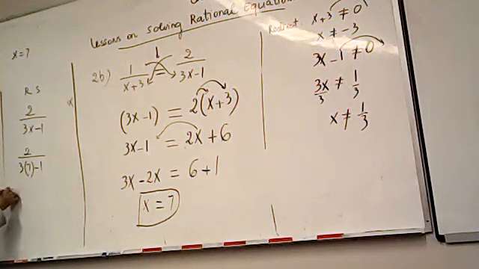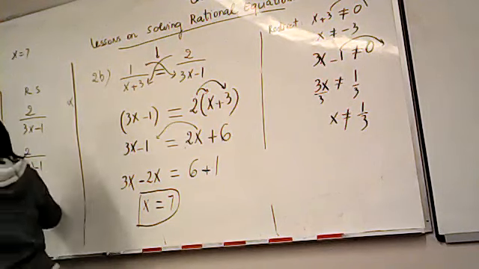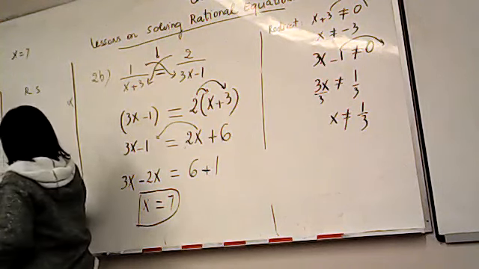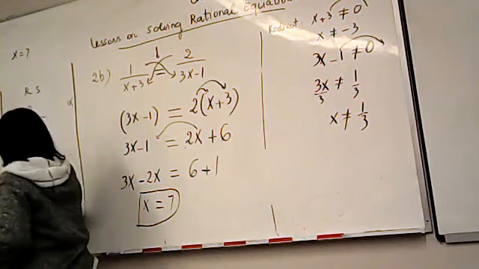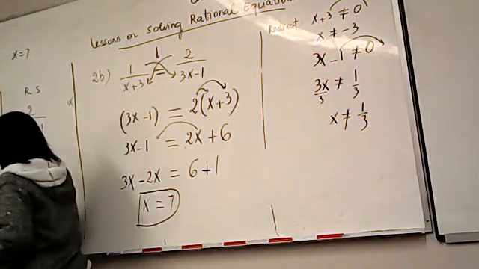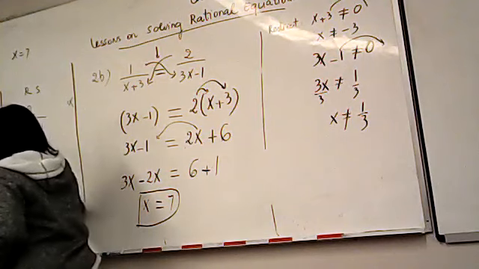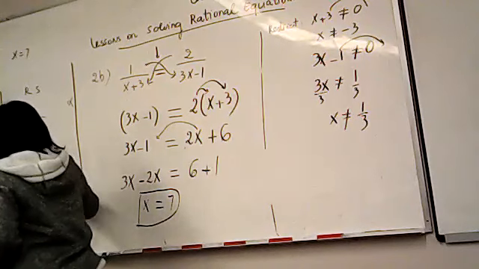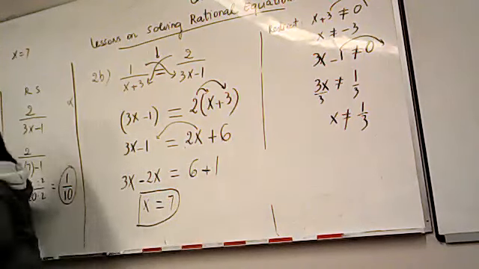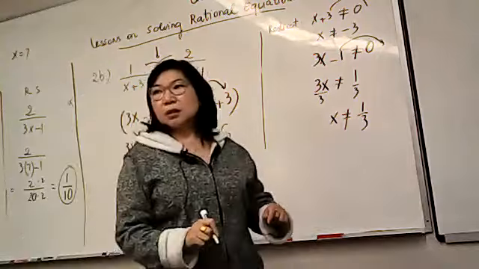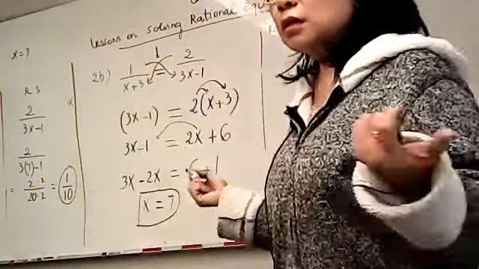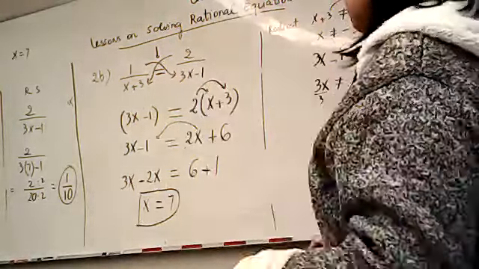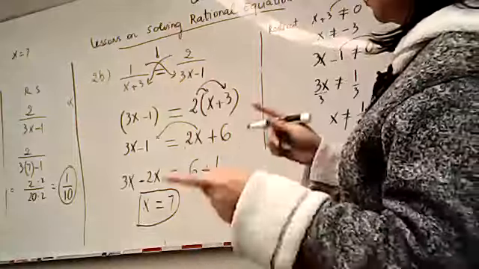And what is this one? Let's see. 2 over 3 times 7, which is 21, minus 1 is 20. Now, reduce the fraction, divide this by 2, divide by 2, equals 1 over 10. 1 over 10 equals 1 over 10. Okay? So, I showed you how to do 1A and 1B.